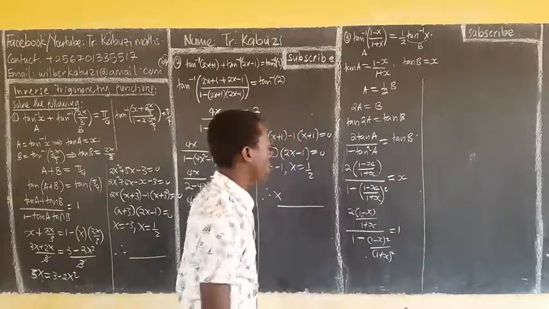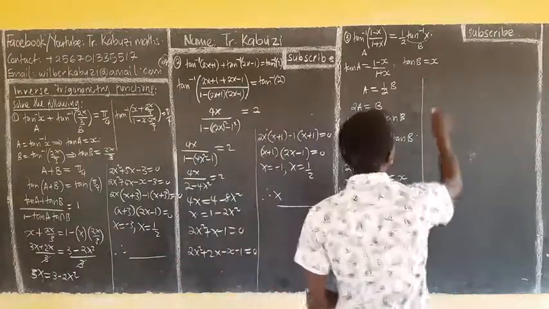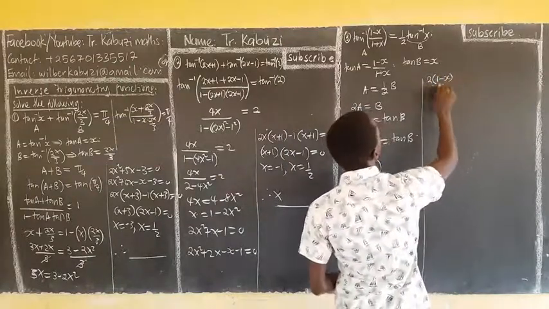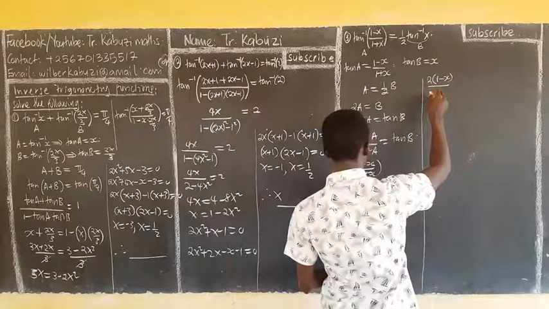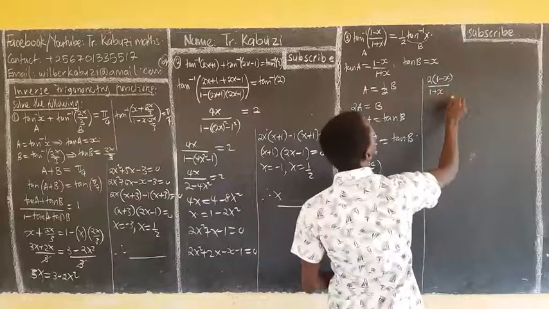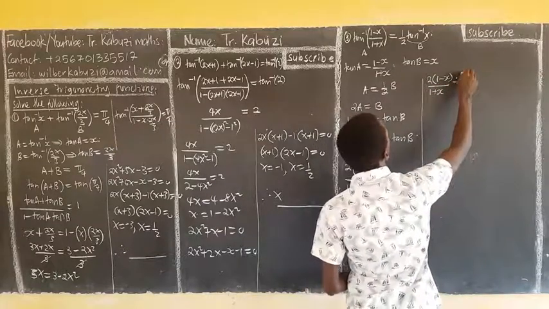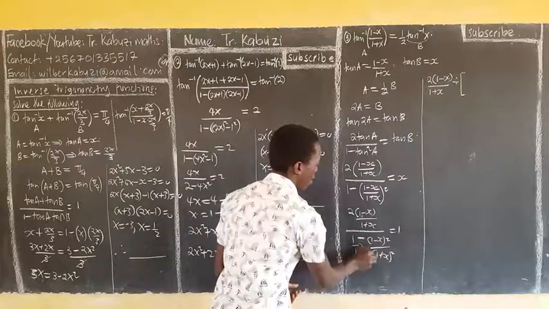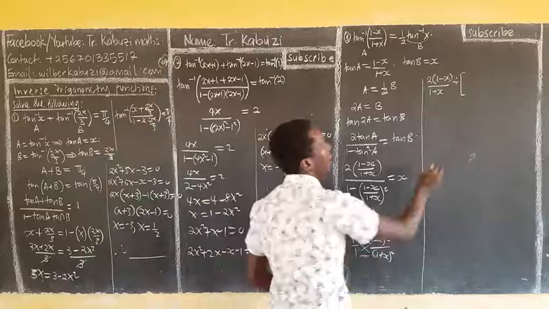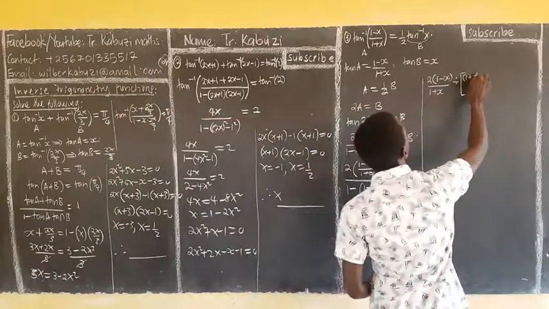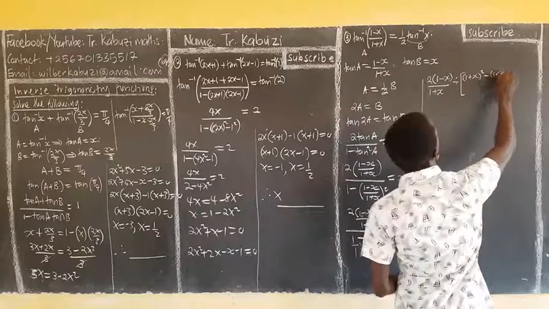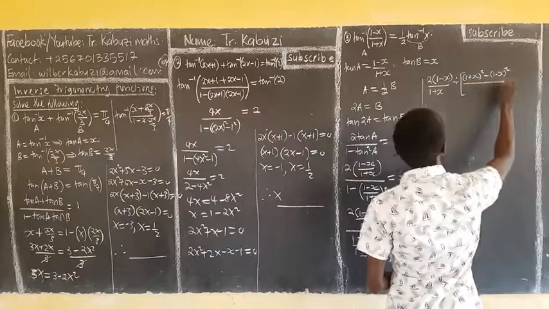So allow me to write up there. So here we are going to cross multiply. I'll be adding 2 into 1 minus x over 1 plus x. Remember, I'm dividing by this, but here I'm going to cross multiply. This will come here. Then minus this, the whole over.